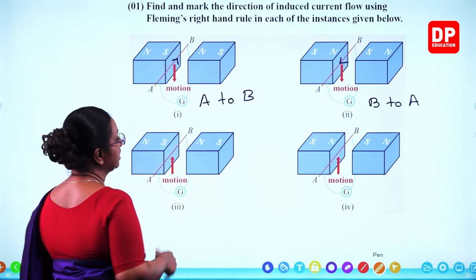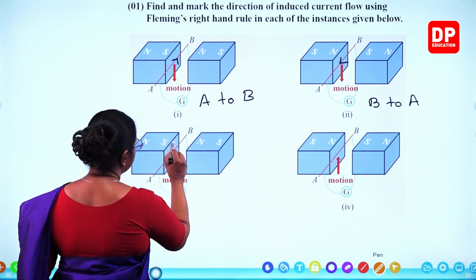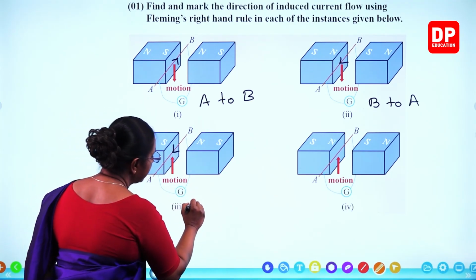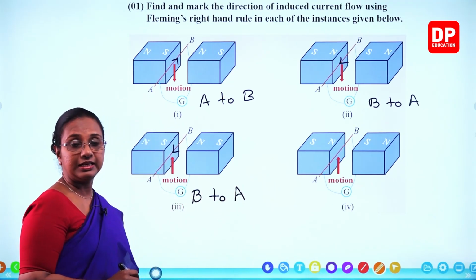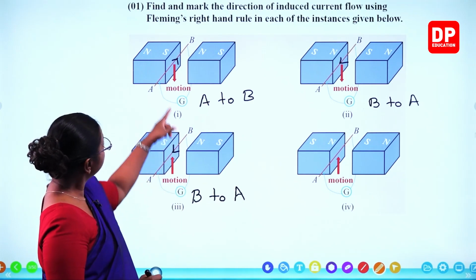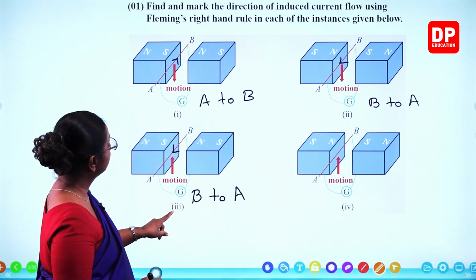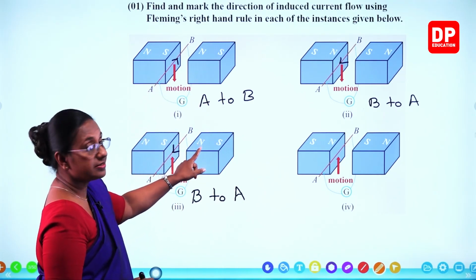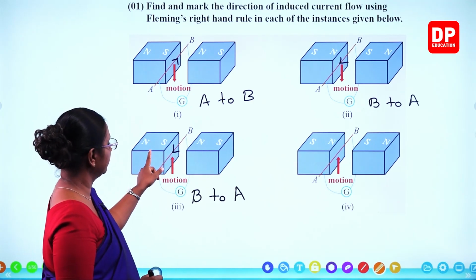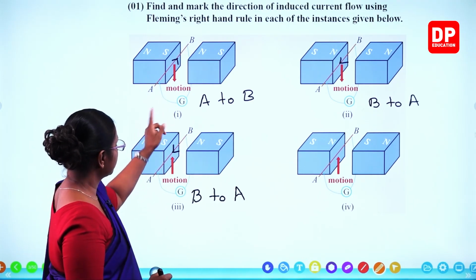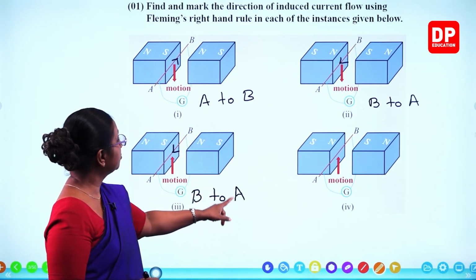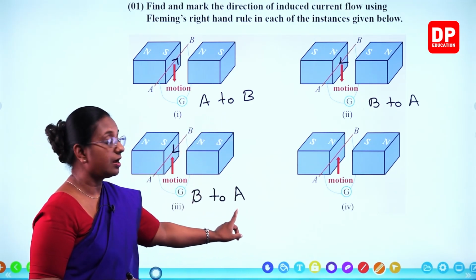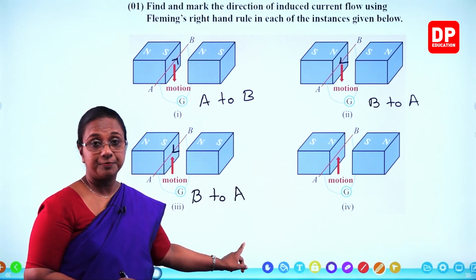It's from B to A. Is that clear? Now if you compare these two, the magnetic poles are the same. North here, south here. Here the motion is down, here the motion is upwards. Earlier it was A to B, now it is B to A.